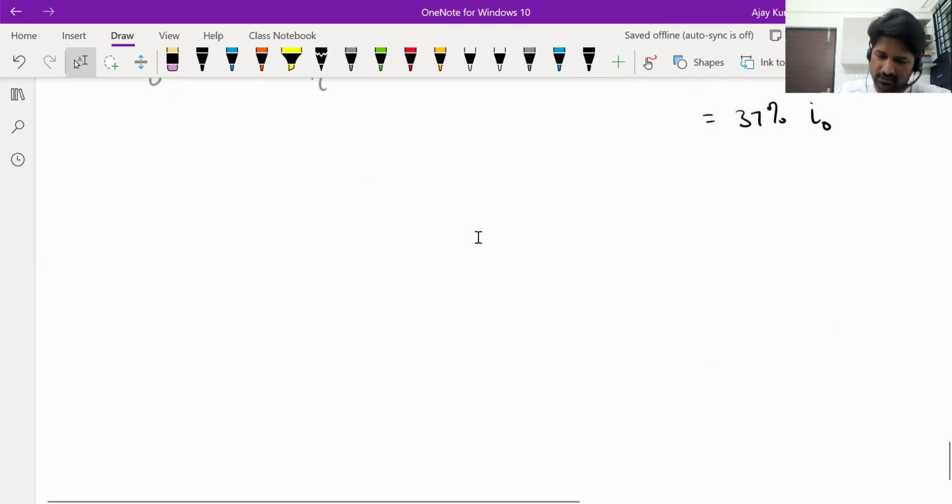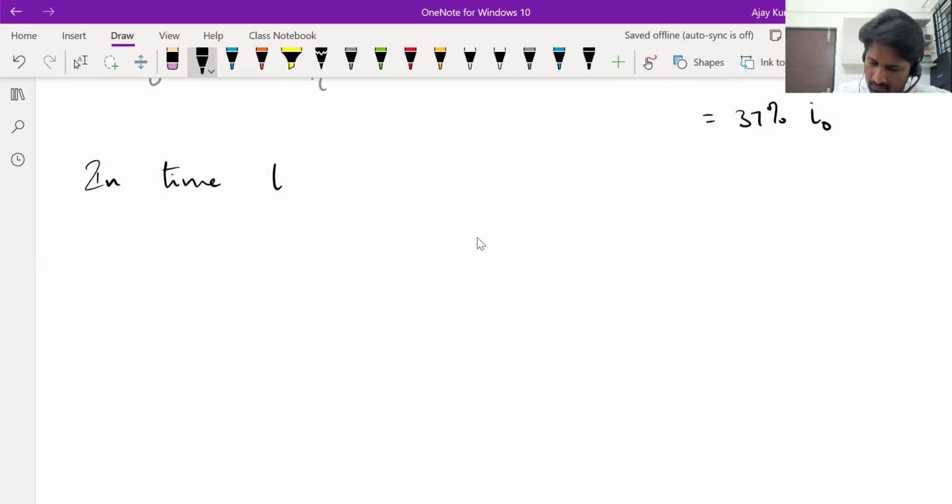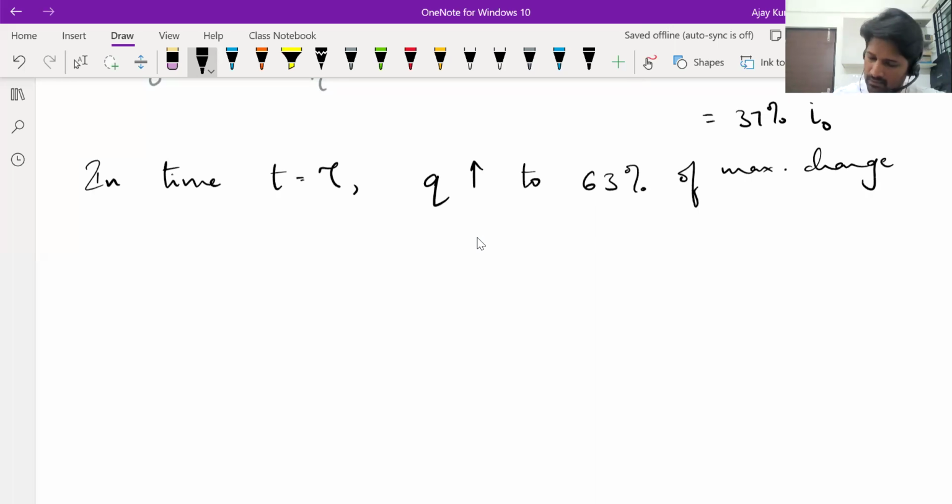So let me write that statement here. In one time constant, charge increases to 63% of peak value or maximum charge, and current decreases by 63%, or you can say it decreases to 37% of maximum current.